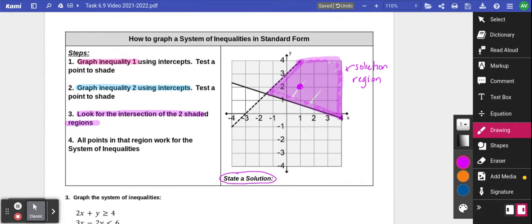For example, I could pick the point 1, 2. Or another example would be I could pick the point 3, 3. Any points from inside that overlapping shaded area would be solutions to the system.